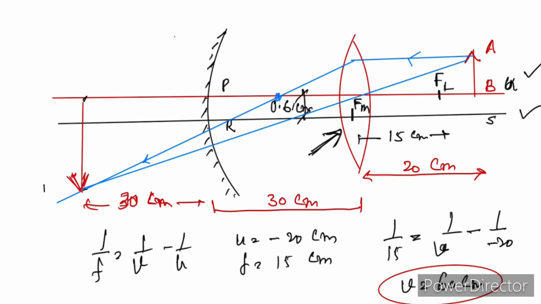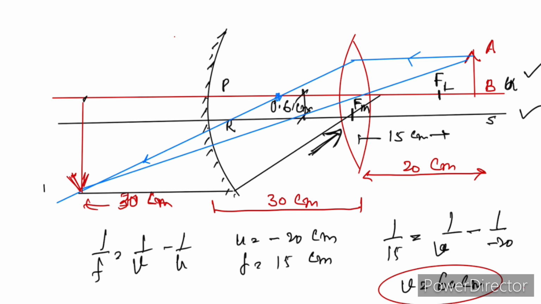We can take one ray like this. This is parallel. Then of course this will go through the focus, and another ray we can take from the curvature.